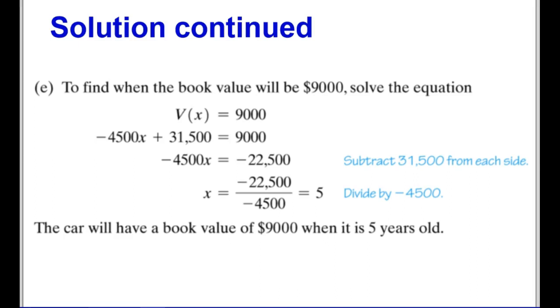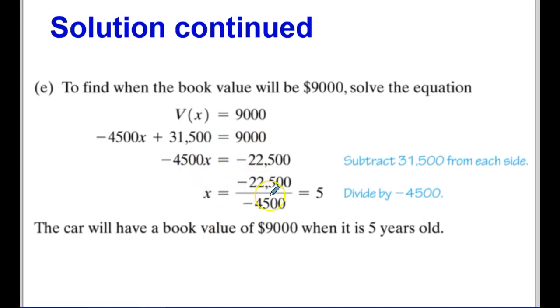Okay, so now the final thing I was asked was E, to find the book value when we're dealing with $9,000. So after how many years will it only be worth $9,000? Well, I can plug that in for my V of x, and then I can solve for my x value. First I have to subtract that 31,500 from both sides, and then divide both sides by 4,500.